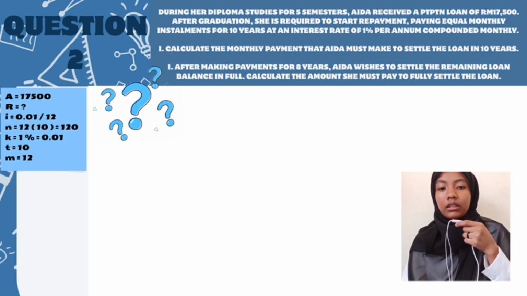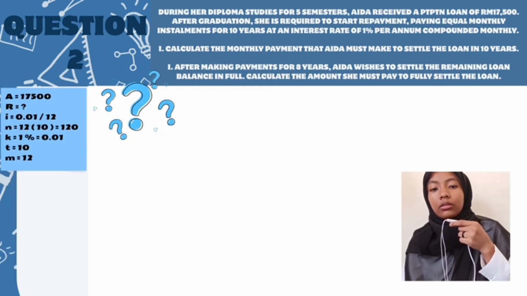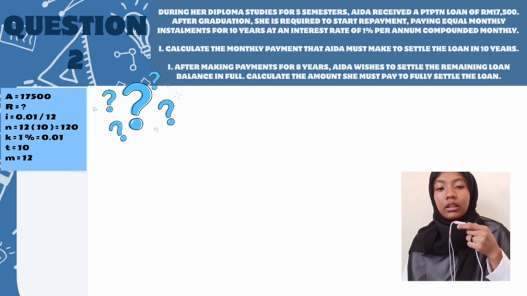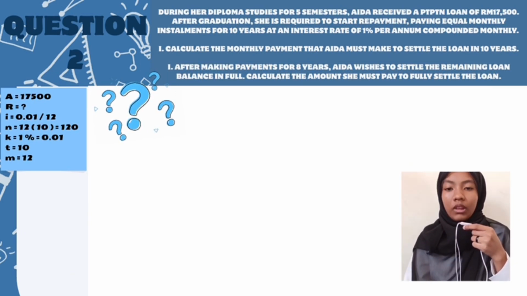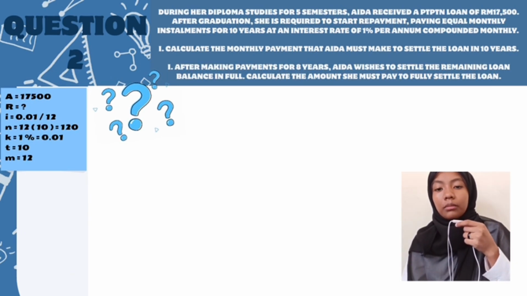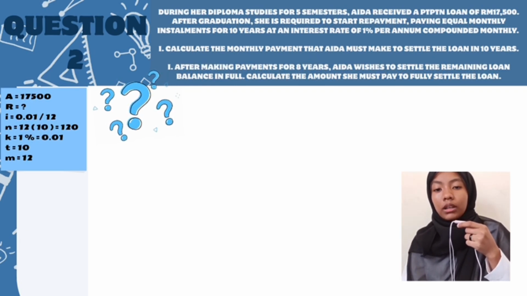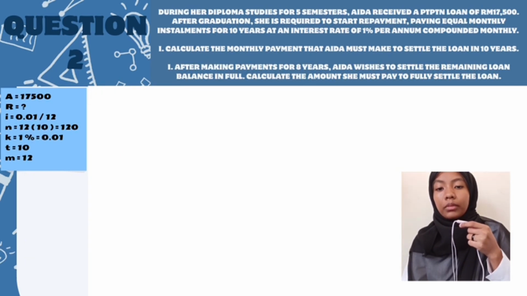For the first question, we have to find R. To do that, we have to identify A, the present value of annuity or the loan amount, I, interest rate per interest period, and lastly, N, total number of payments. A is 17,500 ringgit, I is 0.01 divided by 12, and N is 12 times 10, which is 120.